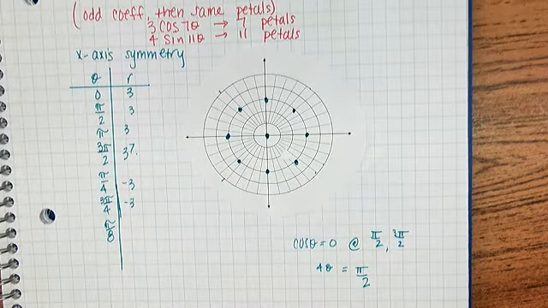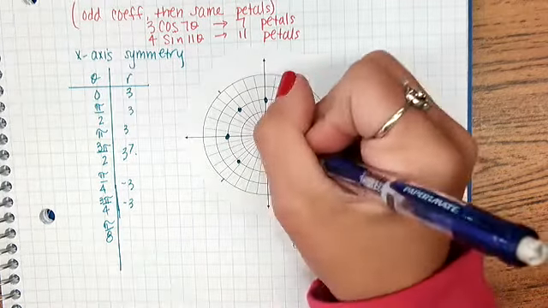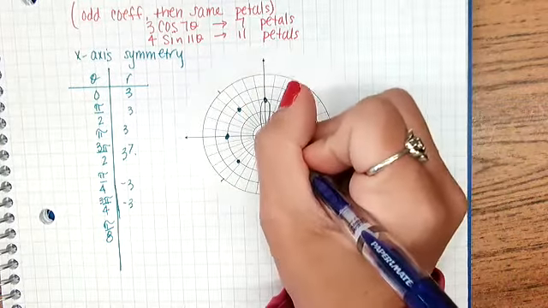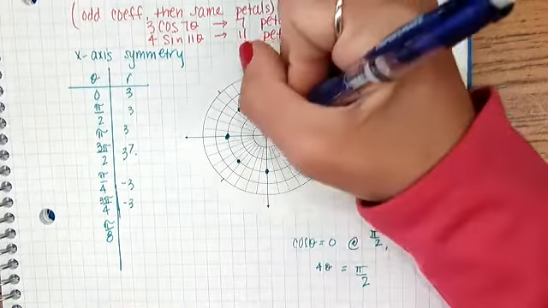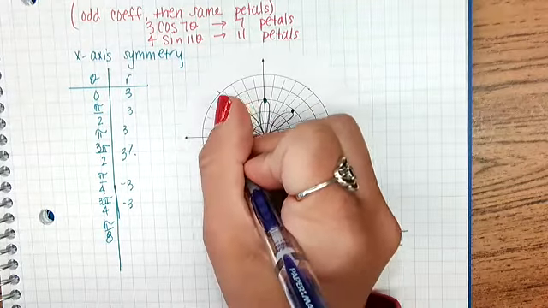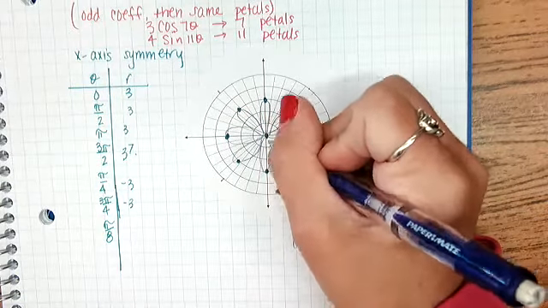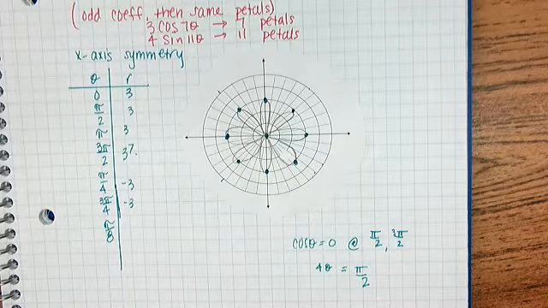We know it has 8 petals, and so this is eventually what the graph is going to look like.